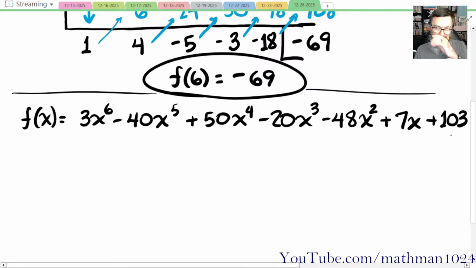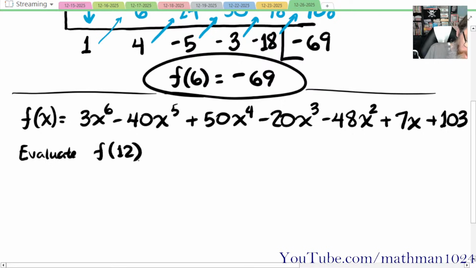Barely fits. And then we want to evaluate f of 12.